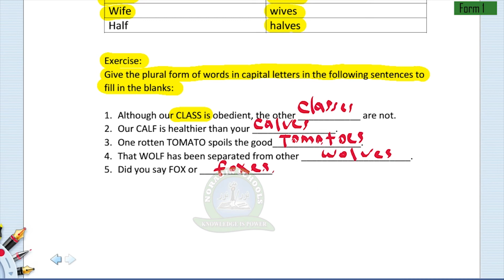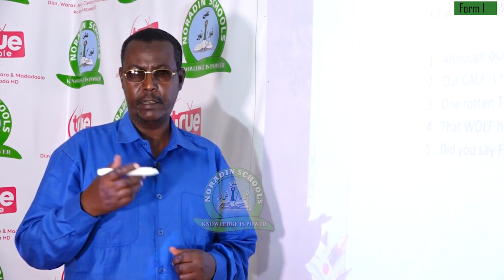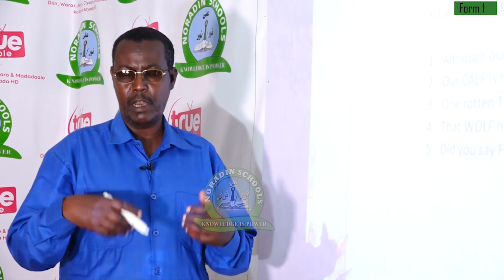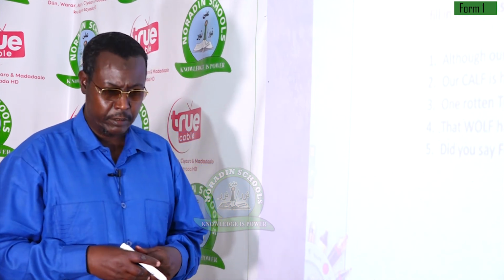Well, to remind you of the main points of our lesson today, we talked about the plural form of regular nouns. I told you that most nouns take an s to form their plurals. However, there are some nouns that take es.